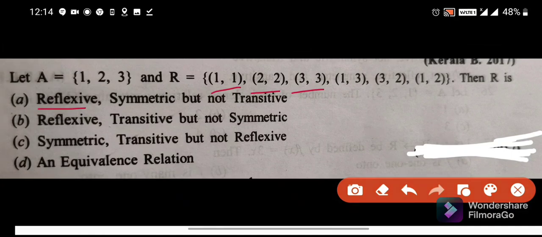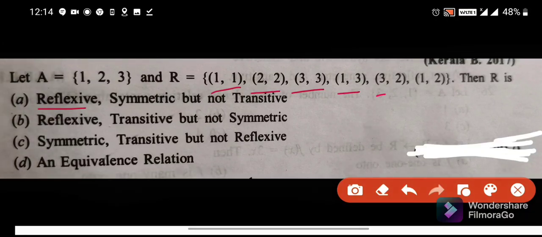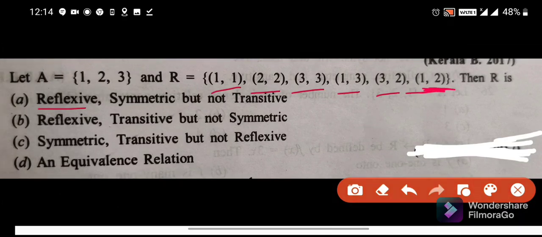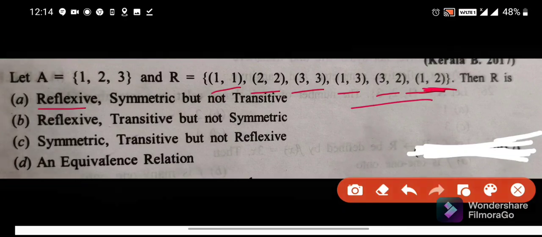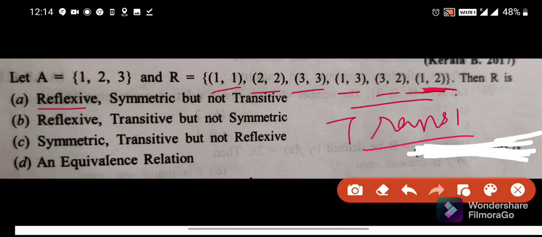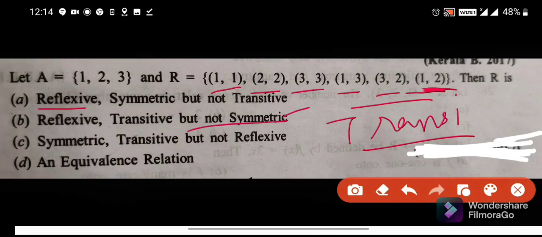Next, 1 is related to 3 and 3 is related to 2, implies 1 is related to 2. So it is transitive. So it is reflexive, transitive, but not symmetric. So the answer is option B.